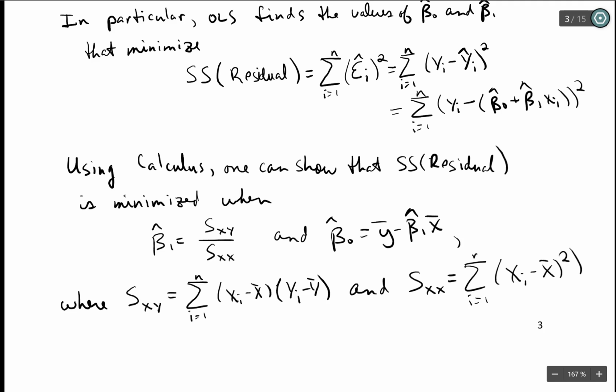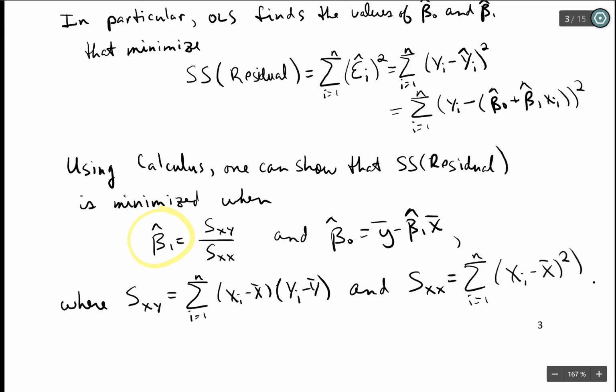The point is that these least squares values, beta 1 hat and beta naught hat, are determined solely by the sample, or by the data.